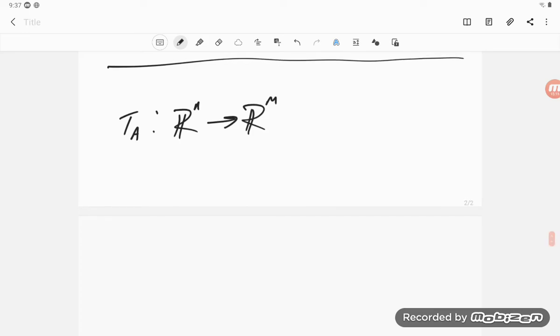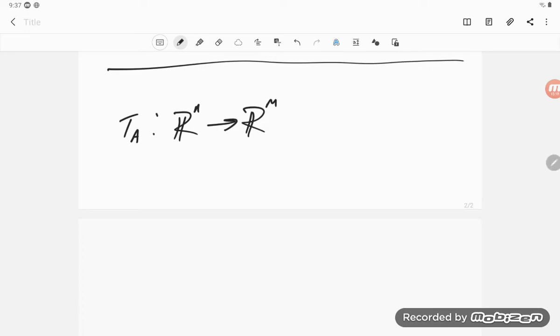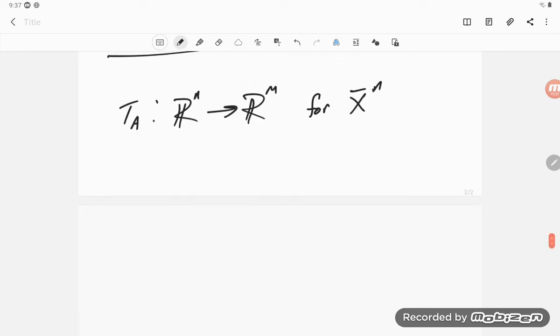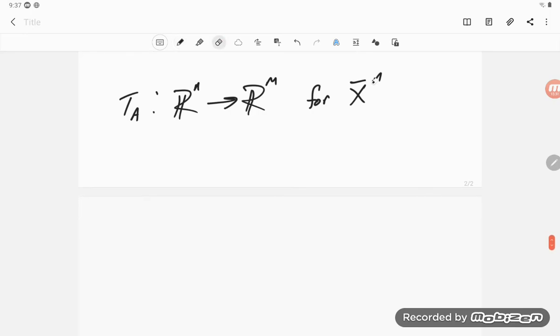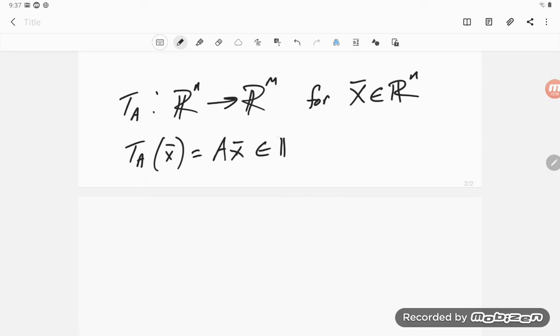And the way we'll do it is, for x in R^n, and I'm going to put a line over it now because I'm definitely thinking of it as a vector, T_A of x we're just going to define as Ax, and that is going to be in R^m.